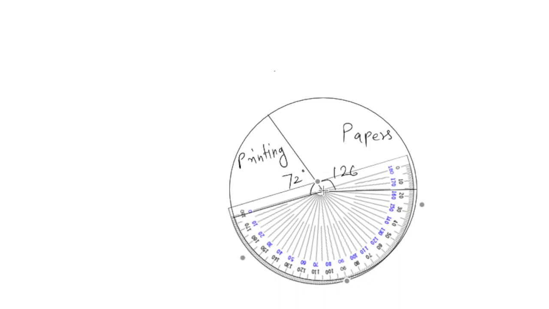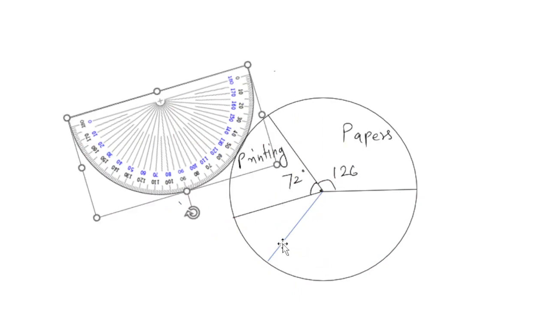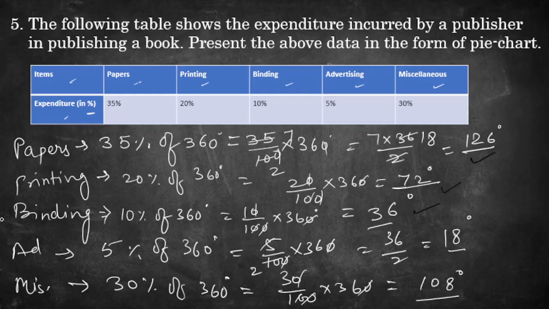So from here, 36 degree we will draw. So 10, 20, 35, and this one is 36. Okay, so we'll draw 36 degree. So now it is 36 degree, and it is for binding.